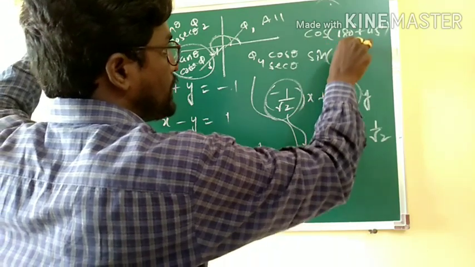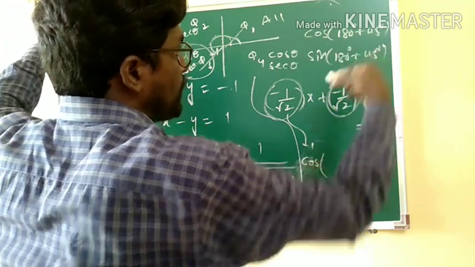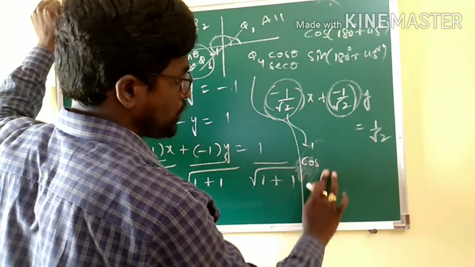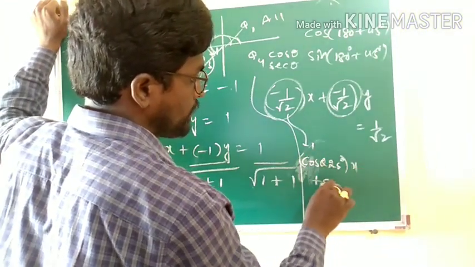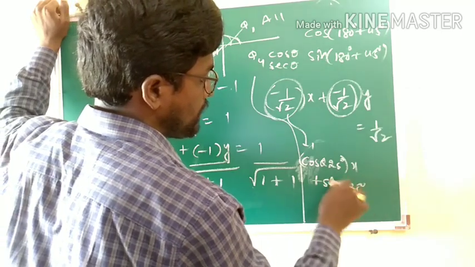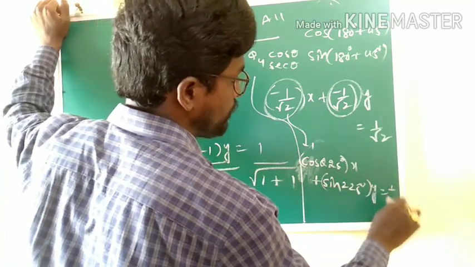Similarly, sin of 180 degrees plus 45 degrees. Therefore, cos 225 degrees into x plus sin 225 degrees into y is equal to 1 by root 2.